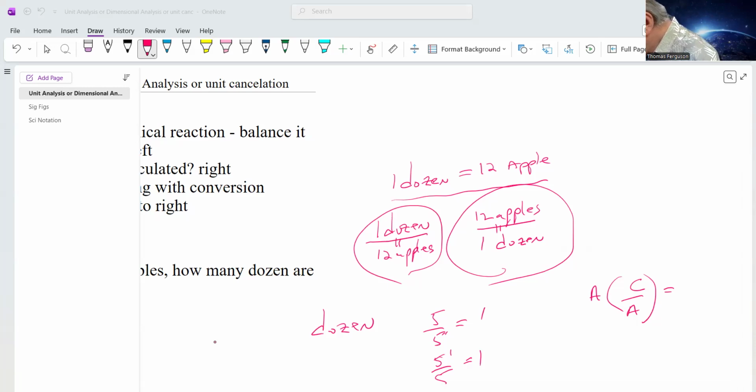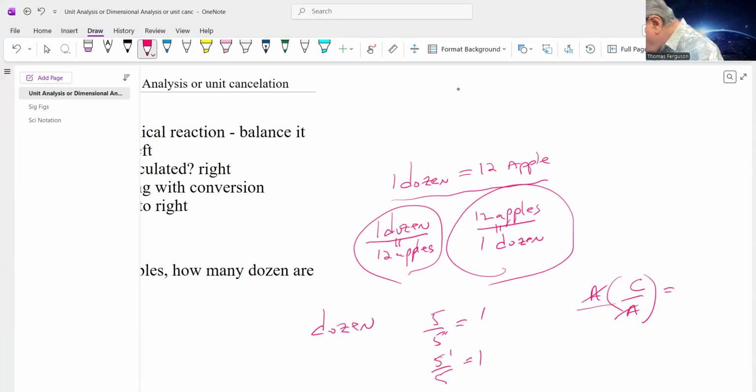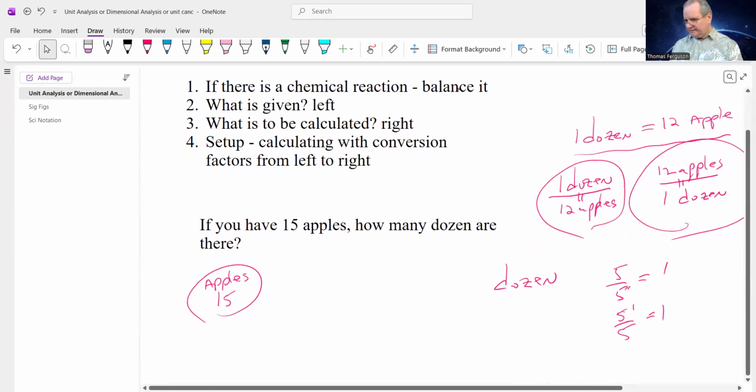Right, C. The reason why you get C is the A's cancel. So if you have anything over the fraction bar and under, they cancel. So our answer is C. Now we're going to apply this. This is where the name unit cancellation comes in. We need to convert apples to dozens. So we have 2 conversion factors to use.